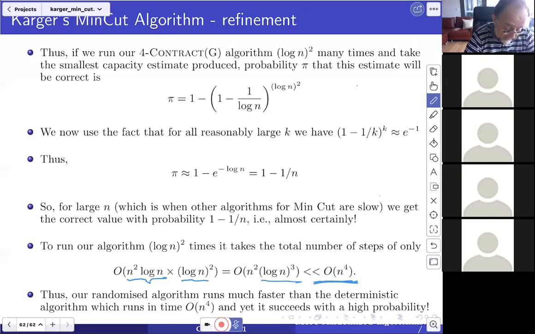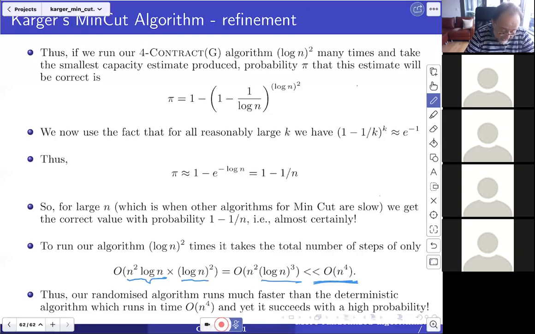How did he do that? Well, he realized that the simple algorithm misbehaved when the size of the graph dropped below n over 2. To reach n over 2, the probability of success was large. It was 1/4.